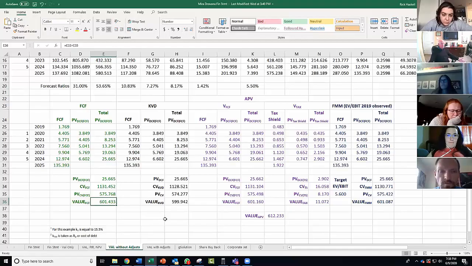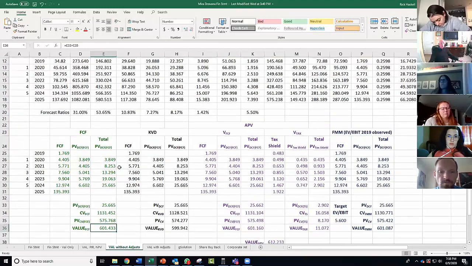A plus B cannot equal A unless B equals 0, right? And B is not equal to 0. B is our tax shield.